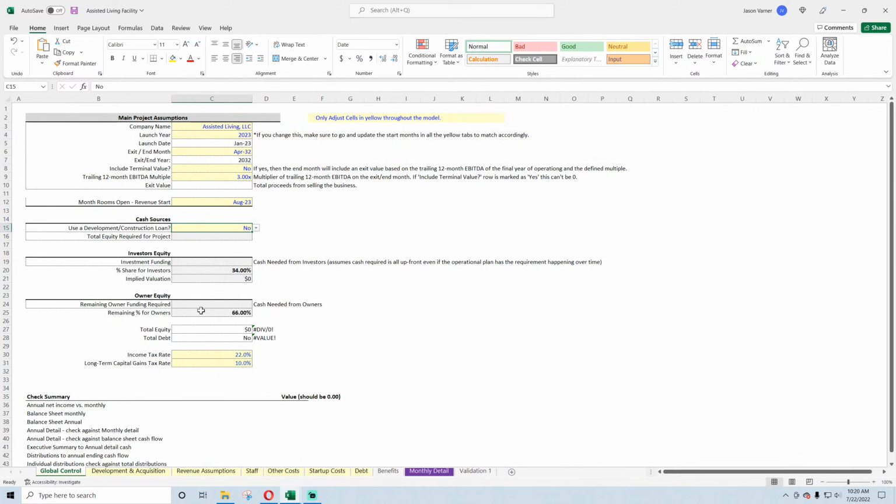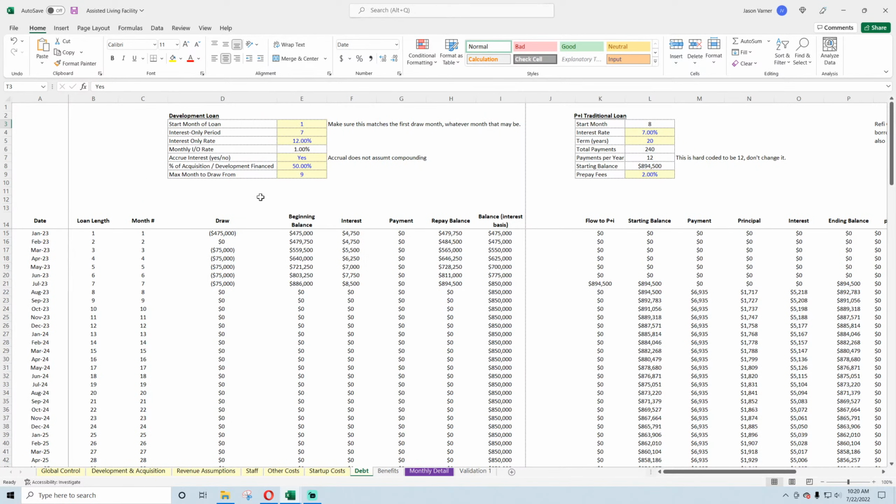Now let's also look, if you were going to do this, do we have the option for, let's see. Oh, what if we don't want to do a development loan and just go straight into a P&I? So if that were the case, I believe, let's see if we hit one here.